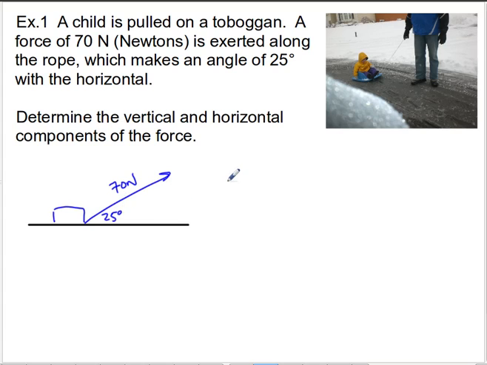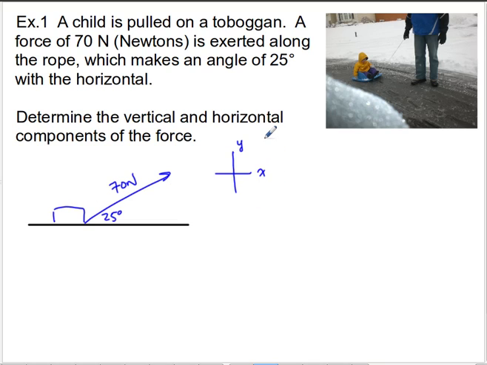Now to do that, and this is really a very important thing to do now that we're getting into the application side of things, it's important for us to define where our x direction and our y direction are, because it matters when it comes to understanding what positive and negative numbers mean as we're working through this.